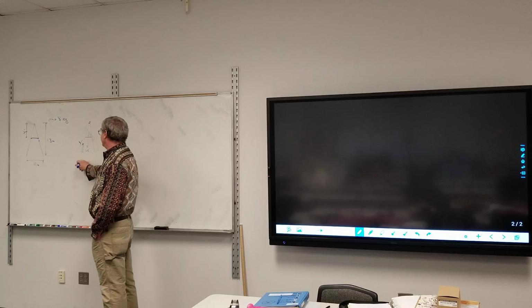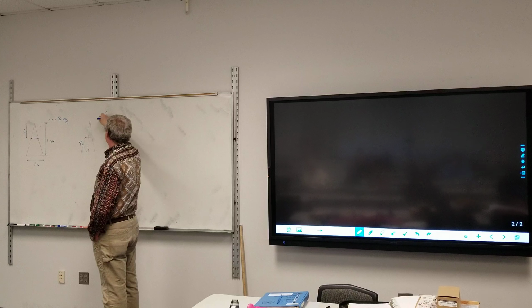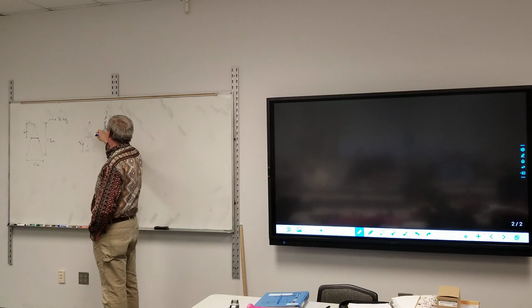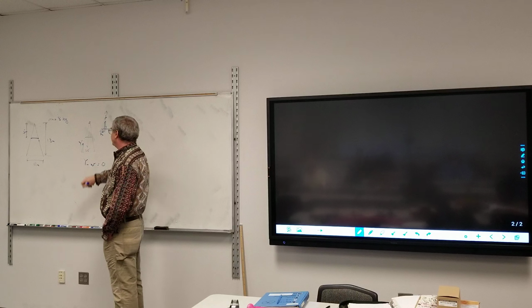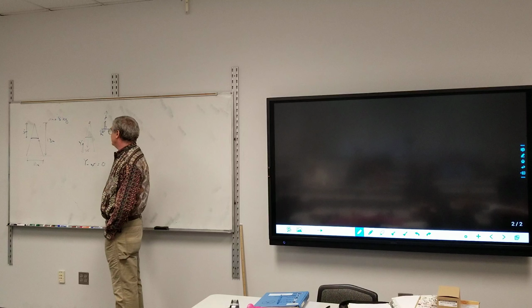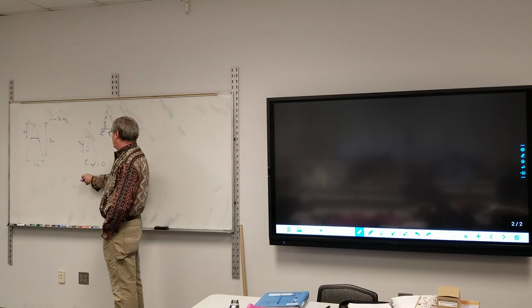It's a 3-dimensional problem. So, the sum of forces in y: N minus W equals 0, because it is in static equilibrium and static rotational equilibrium.